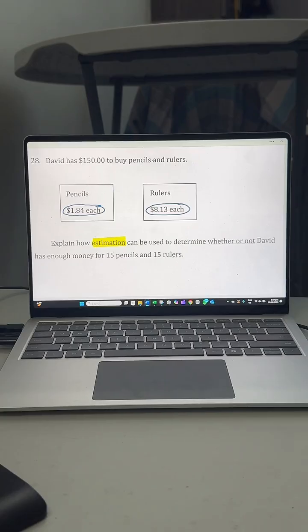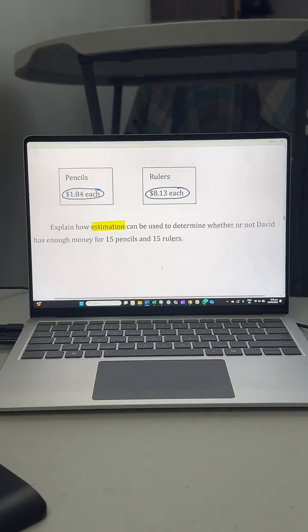Let me start. David has $150 to buy pencils and rulers. Pencils cost $1.84 each. Rulers cost $8.13 each. Explain how estimation can be used to determine whether or not David has enough money. So what am I seeing here?